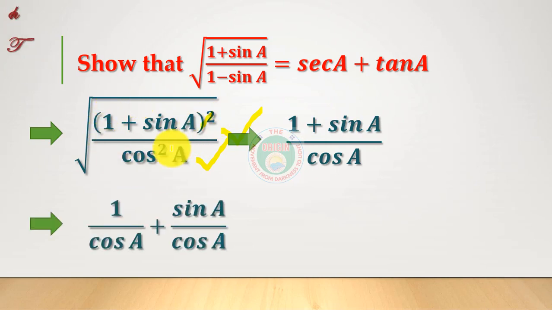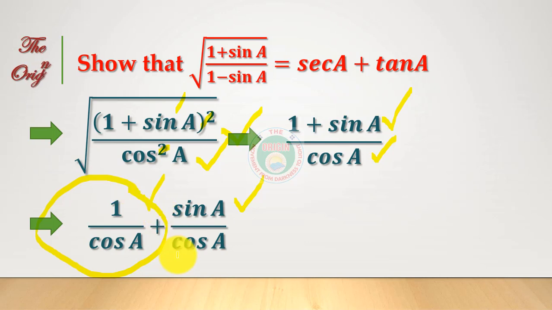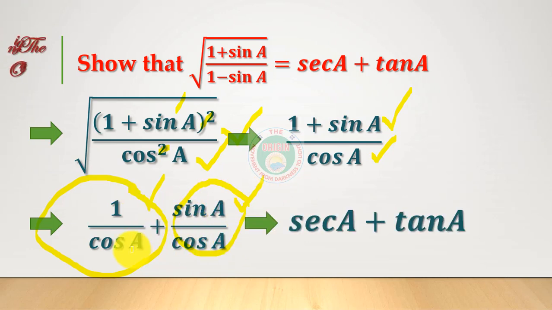Then the square and root get cancelled, and what remains is (1 plus sin A) by cos A. That is of the form (A plus B) by C, that is A by C plus B by C, that is 1 by cos A plus sin A by cos A. 1 by cos A is the reciprocal of cos, and sin A by cos A, you already know, is tan A. So the reciprocal of cos is secant and sin A by cos A is tan. This is the required answer.